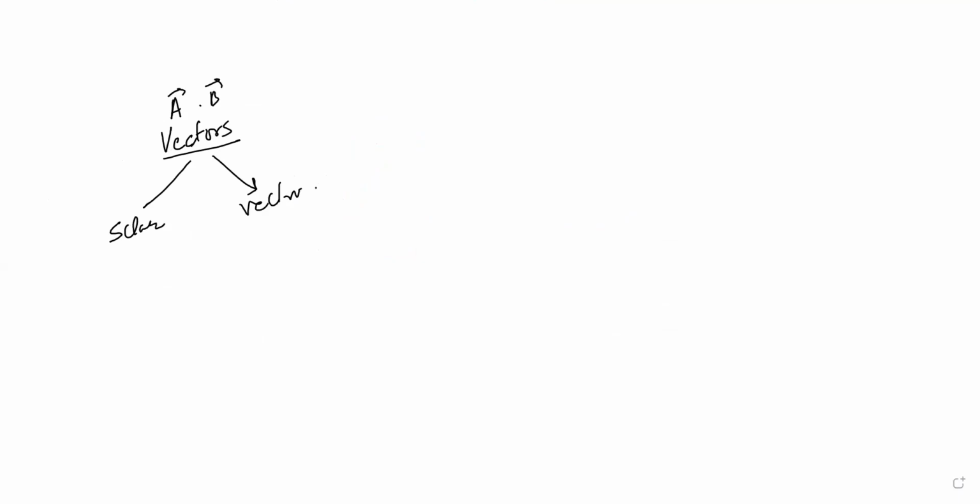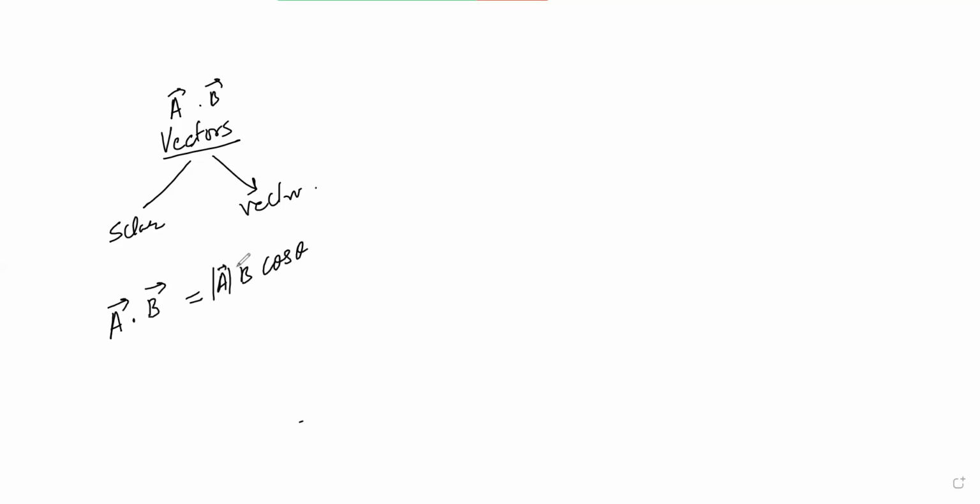Sir, to find A dot B, do we multiply the magnitude of B with A cos theta? Yes, either you can. When you're writing A dot B, the formula is AB cos theta.